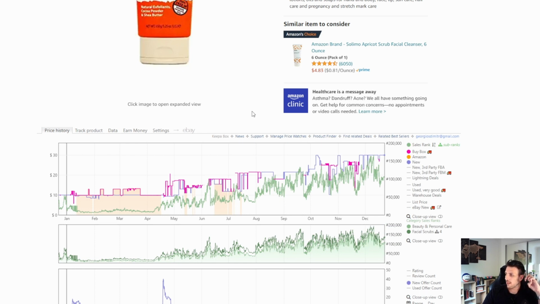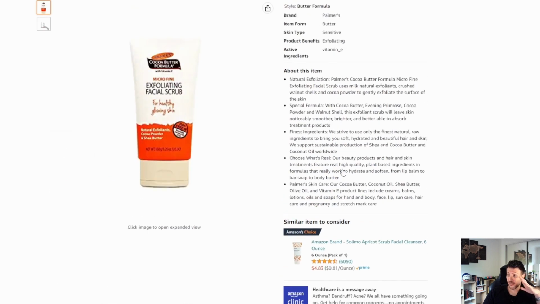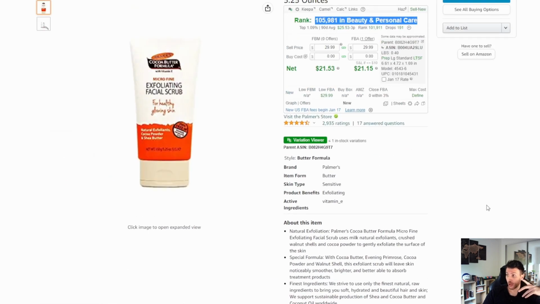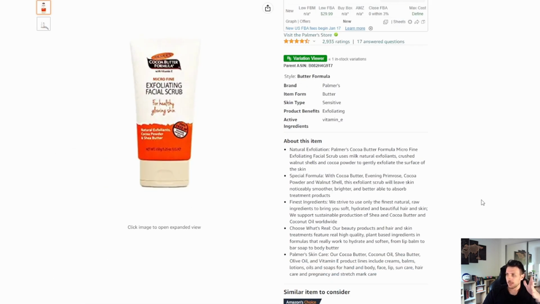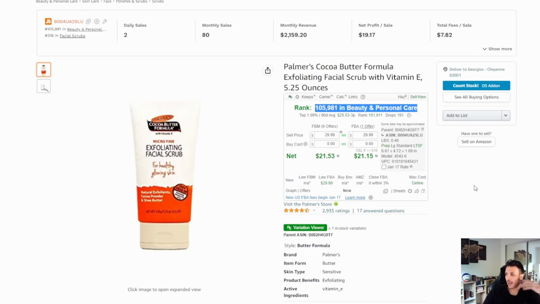No matter if Amazon starts selling it, obviously I'll stop selling it, but in the future, the maximum you should be buying of this product anyway is probably around 30 units a month, regardless of if Amazon comes on, regardless of if they sell out, you won't be selling more than 30 or 40 units a month. That's probably the maximum you'll be able to sell a month. So you might as well buy anywhere between 12 and 30 units and keep it at that.